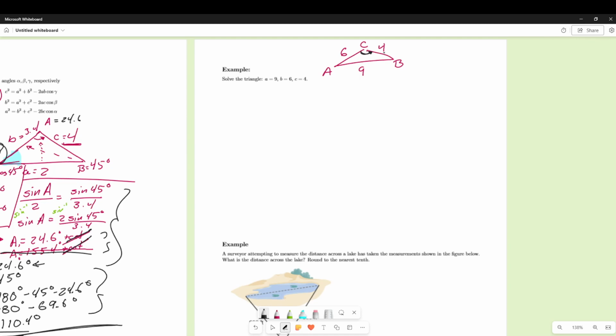So find it either first or last. Don't use law of sines to find it. Outside of that, you can use any order you want. So we could find either angle A, angle B, or angle C first, just not angle C second.